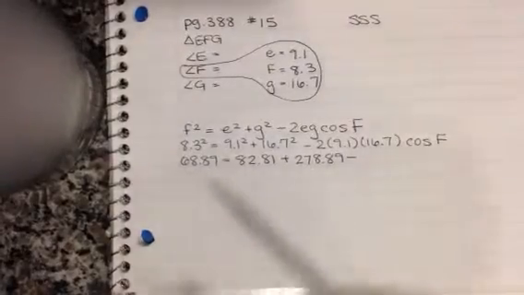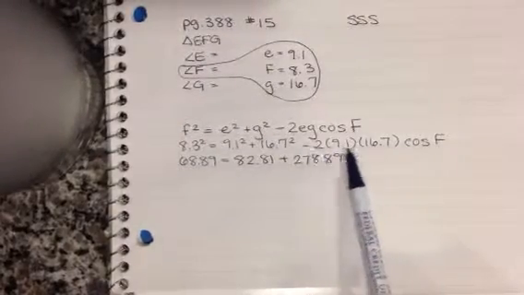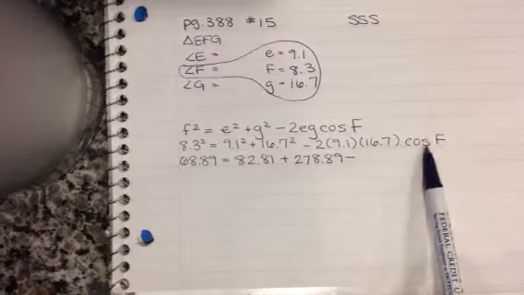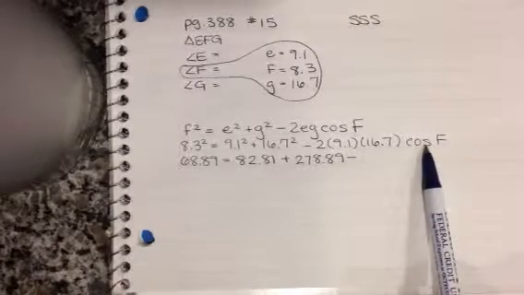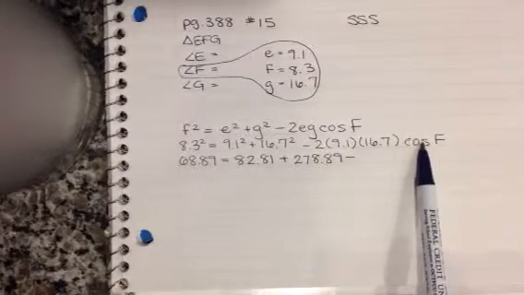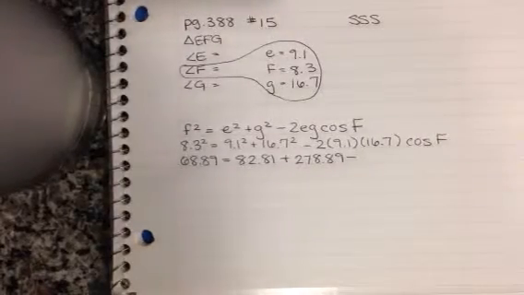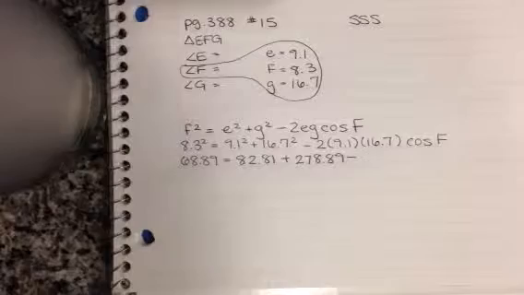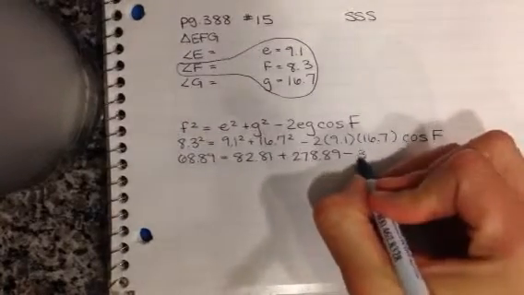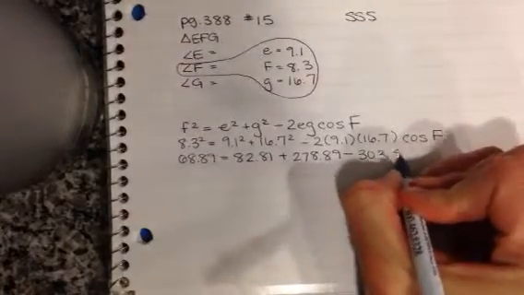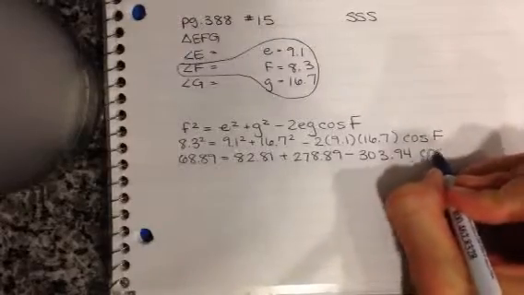We talk about terms and coefficients. This whole part right here is a coefficient of cosine of f. So I have to multiply these out, but they stay attached to the cosine. So 2 times 9.1 times 16.7 gives me 303.94 cosine f.